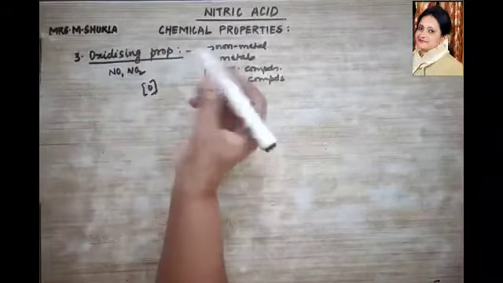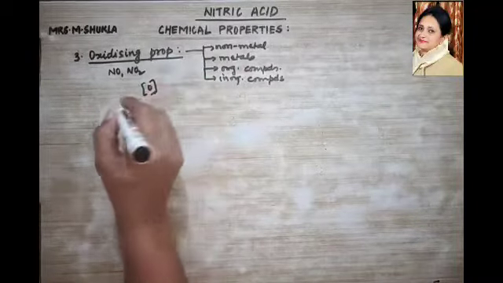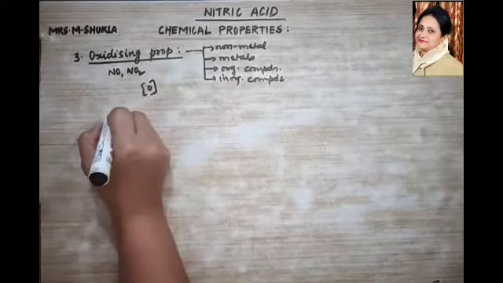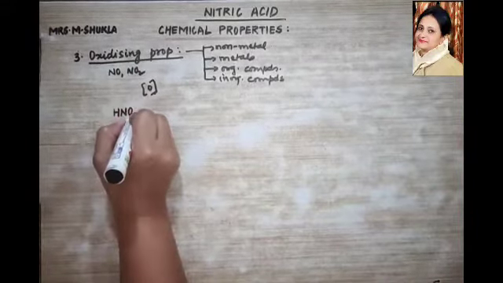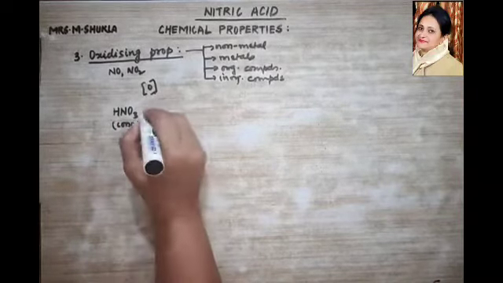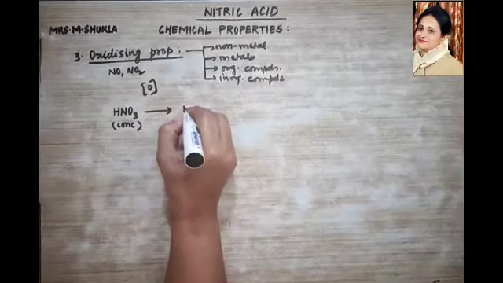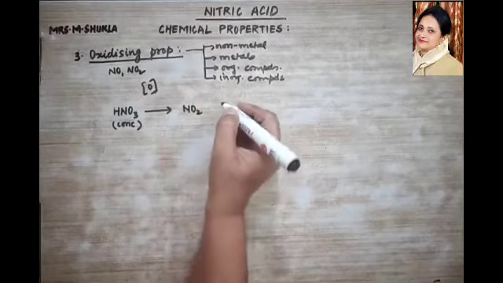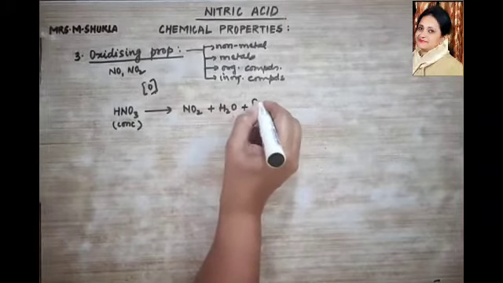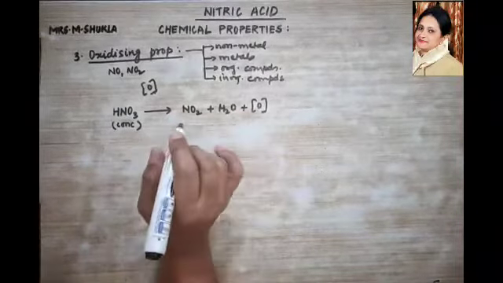Okay, so before we begin with this, let us first understand two important reactions over here. What? When HNO3 is concentrated, okay, so this on heating will give us what? It will give us nitrogen dioxide gas, water and nascent oxygen. This is very important.